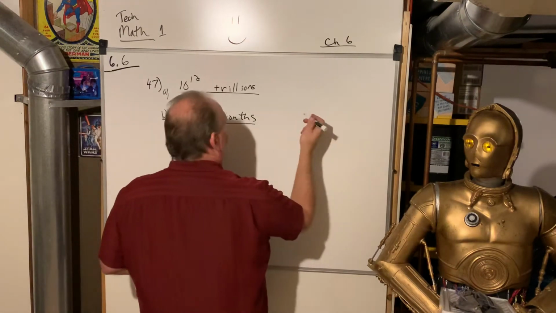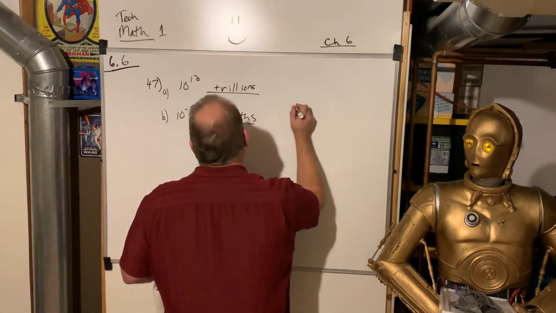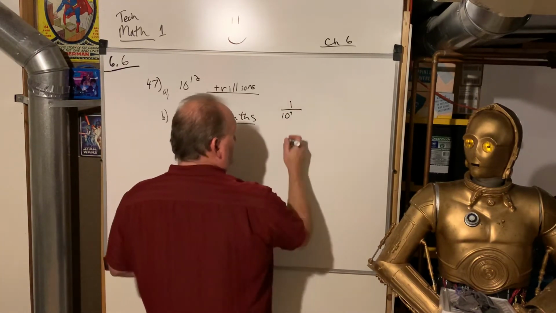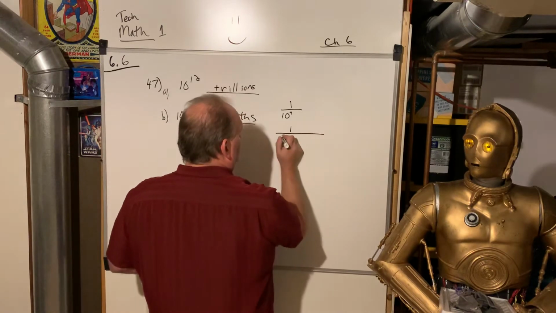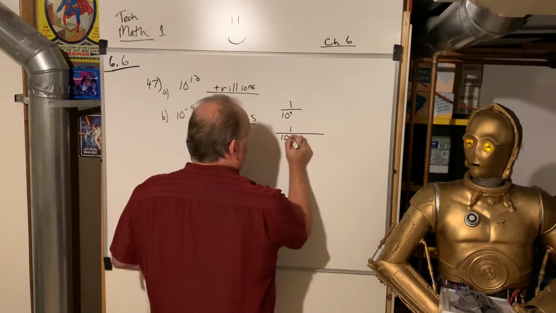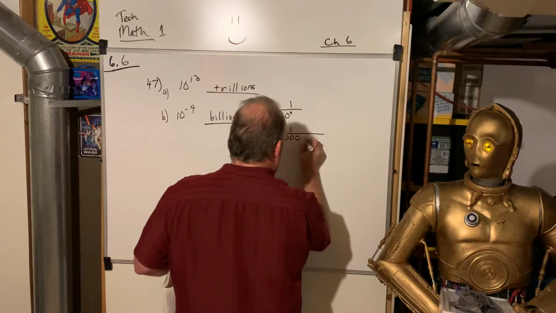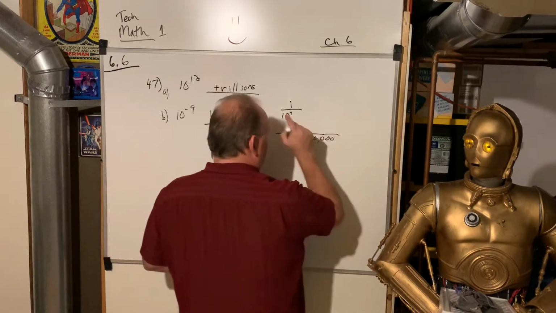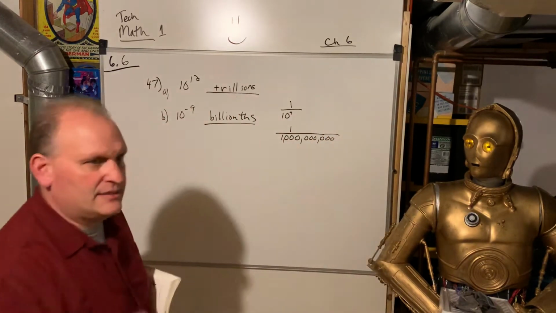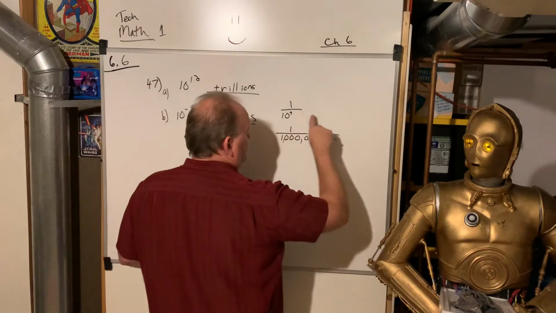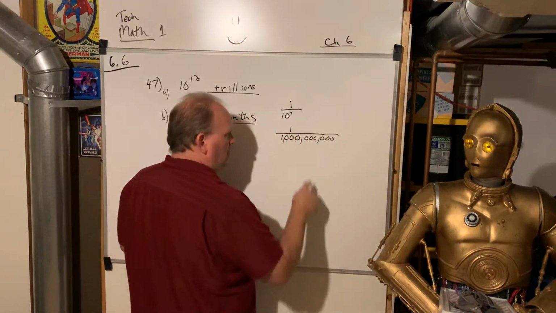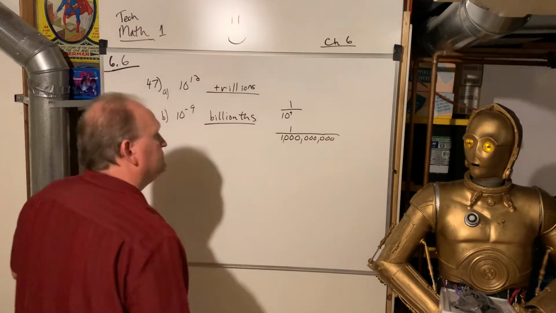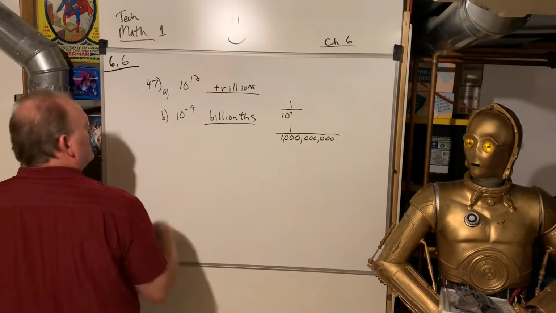So look, that's 1 over 10 to the 9th, a 1 with 9 zeros: 1, 2, 3, 4, 5, 6, 7, 8, 9. Right? Because every time you throw a 10 on there, that's 10 times 10 times 10, it just adds a 0, add a 0, add a 0. So 1 over 9 tens in a row would be 1 billionth. So billionths. All right.